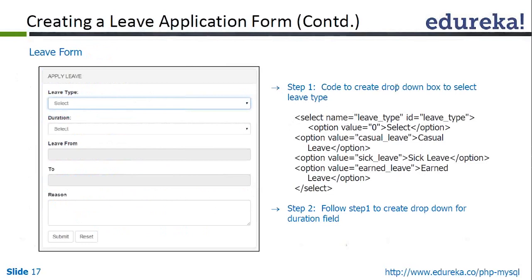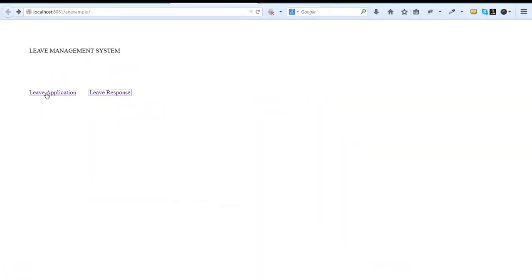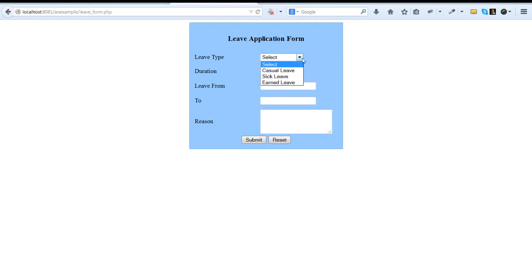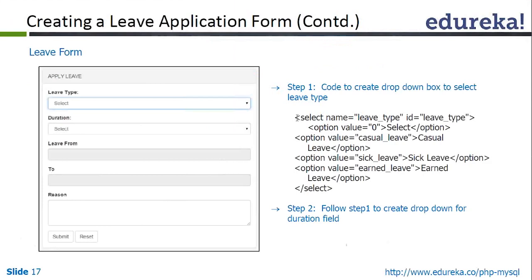Now the code to create the drop-down box to select leave type. You have seen this drop-down box in the leave application page. This is called a drop-down box, where we have multiple values to select, and you can select one value from it. So this is the code to create the drop-down box.